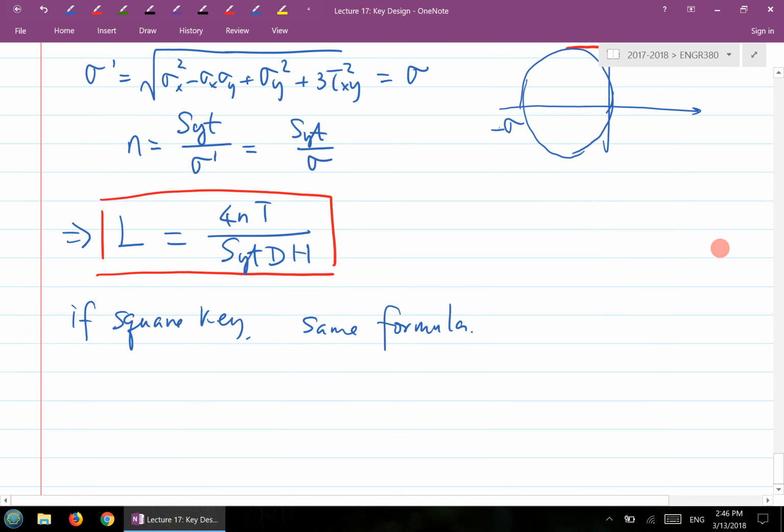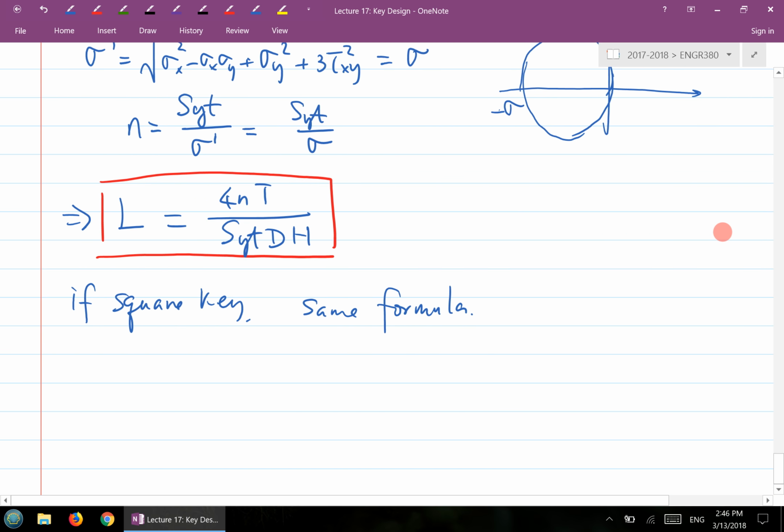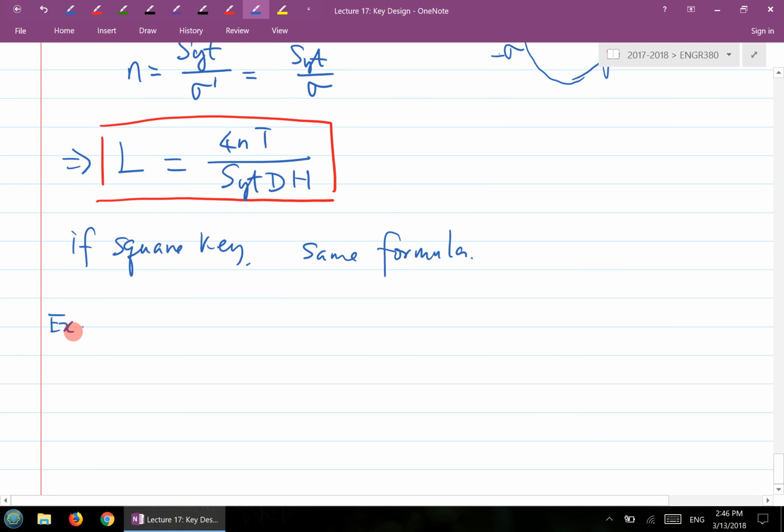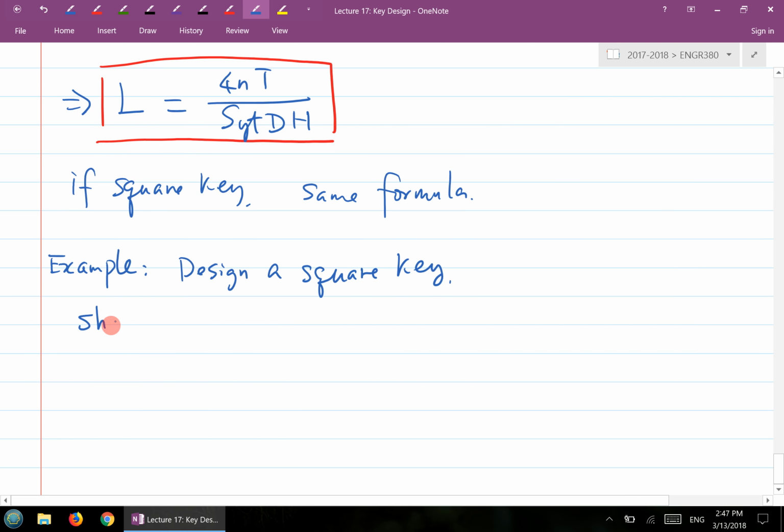Alright, let's take a quick look at an example. In this case, you're asked to design a square key. So this is simple now. Here are the parameters we know. Assume the shaft has been designed with a 25 millimeter diameter, and it is being used to transmit a power of 15 kilowatts.